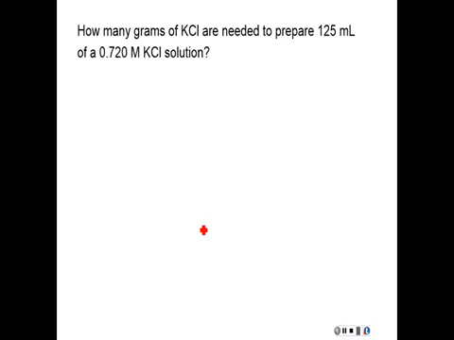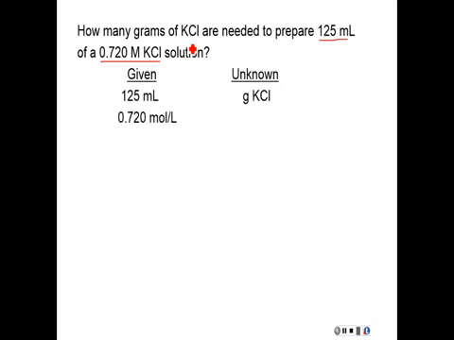Now here's a question that's an application of the molarity formula. What if I have a certain volume of a solution, in this case it's 125 milliliters, and I know what the molarity is, it's 0.720 molar KCl. And I want to know how many grams of KCl are dissolved in it. So I copy out the given information.